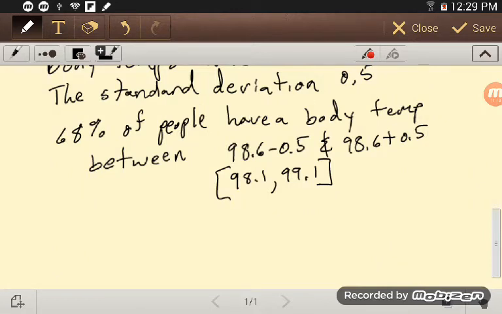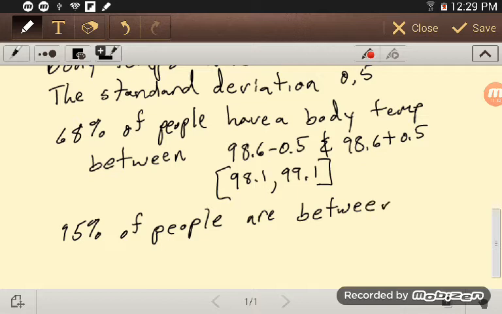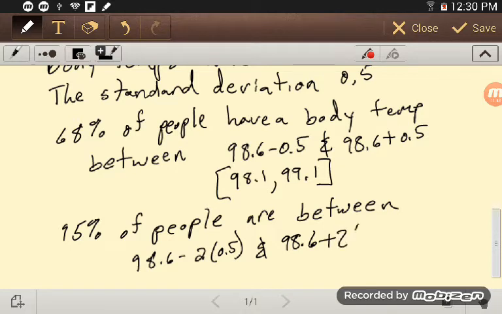If I go up to 2 standard deviations, then I know 95% of people are between, what the heck do we have here? 98.6 minus 2 times 0.5, or 1, and 98.6 plus 2 times 0.5, or 1.